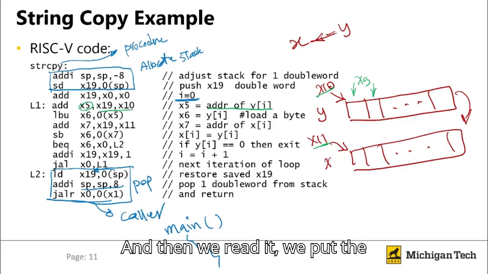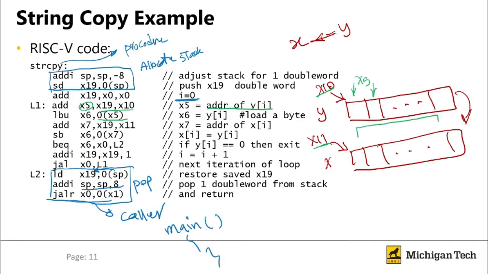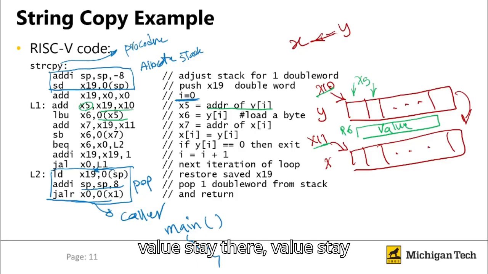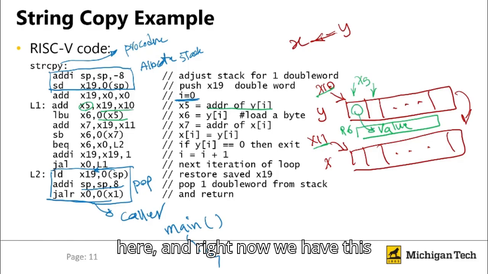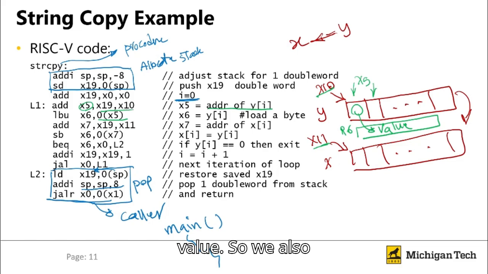And then we read it, we put the value, so we have another register called x6 that the value stays there. So we read this, we put the value here, and right now we have this value.